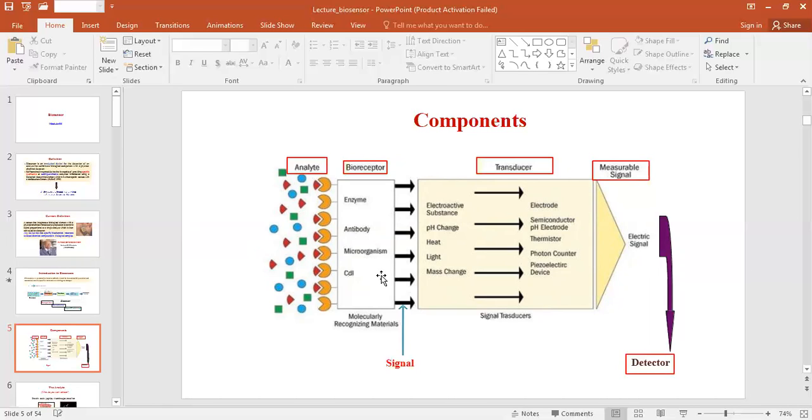Sensor part means the bioreceptor part, which is recognizing the analyte. And that particular measurable signal is processed in the form of current, which is associated with electrons.